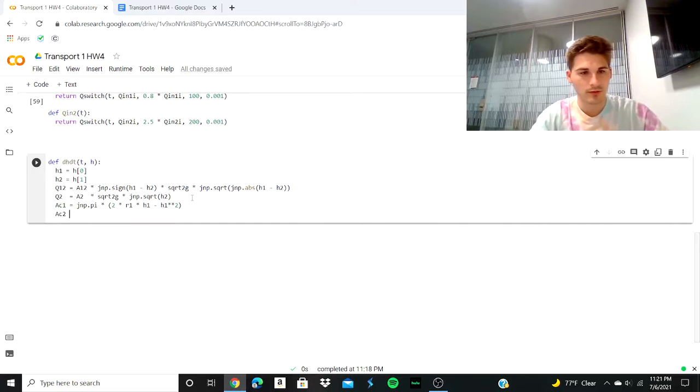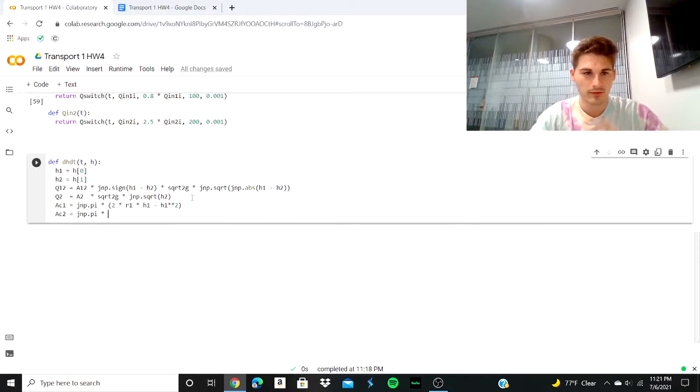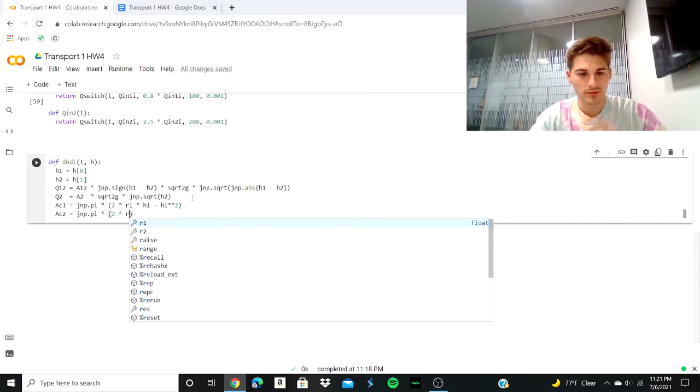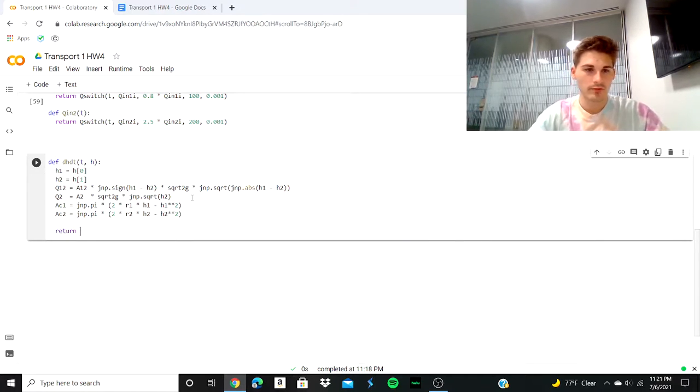And then the cross-sectional area of our second tank is a very similar thing. It's using the same formula, except we use the values for our second tank. And then we can return dH dt. And of course, dH dt is dV dt divided by the cross-sectional areas.